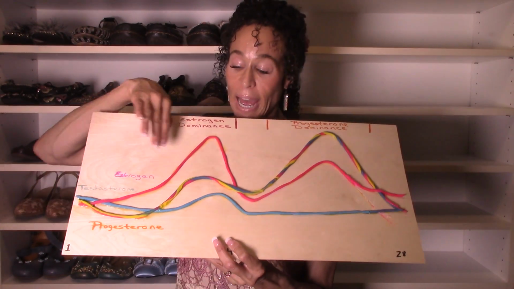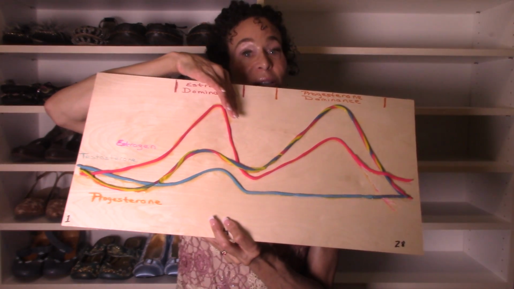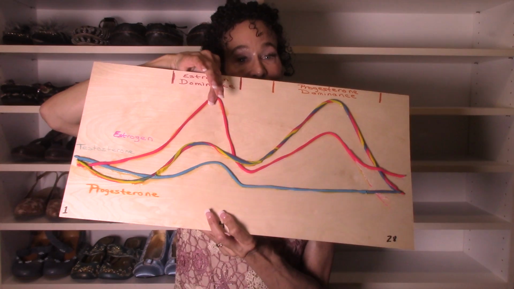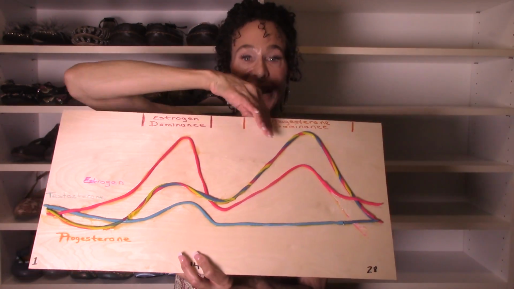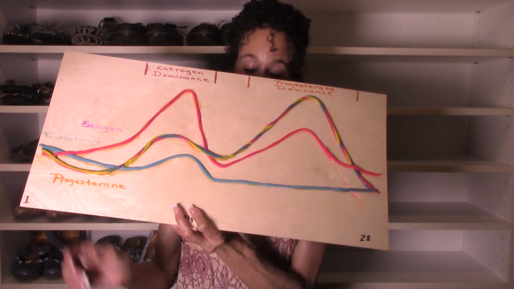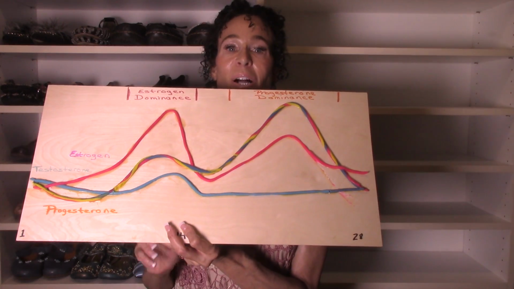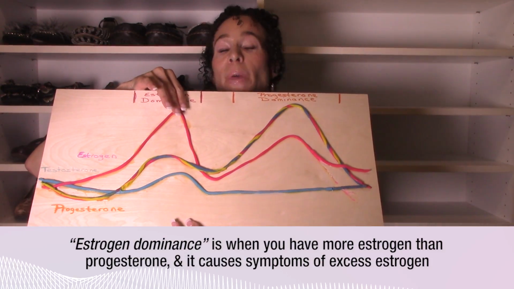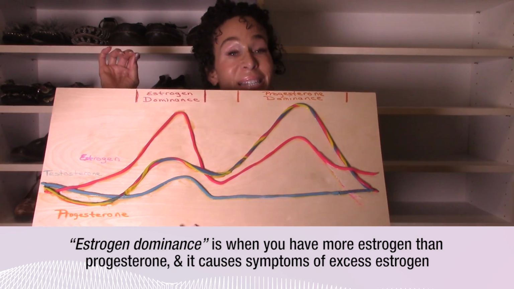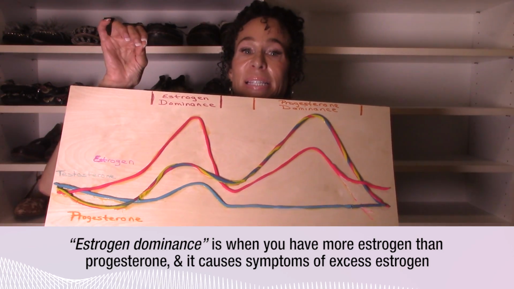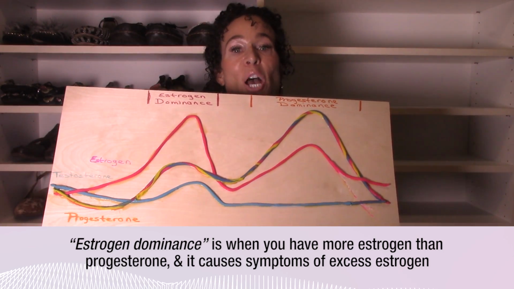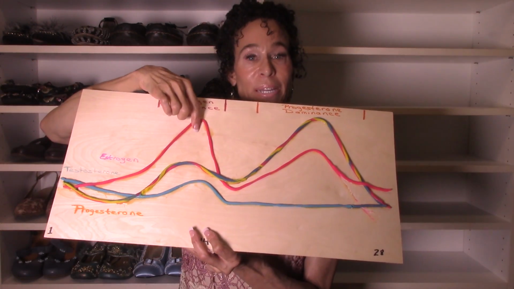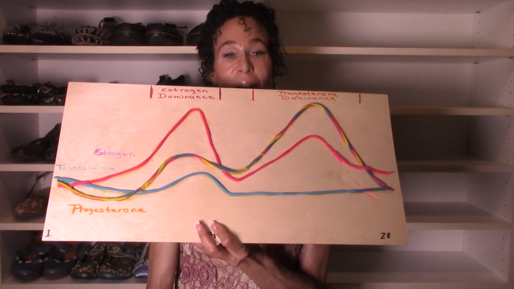In the first half of the cycle, you see that estrogen is the dominant hormone, pink. And in the second half of the cycle, you see that progesterone is the dominant hormone. It's the multicolored one. So estrogen dominance is when you have more estrogen than progesterone, and it causes symptoms of excess estrogen. So that's what's happening in this first half of the graph.